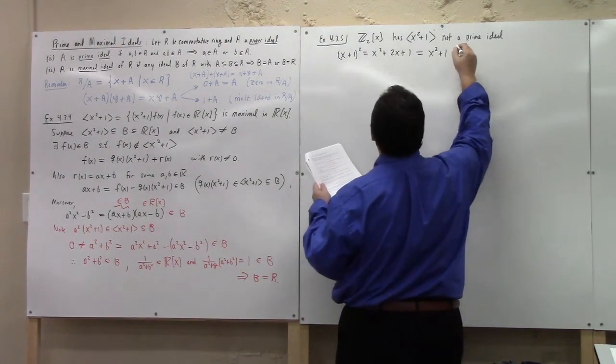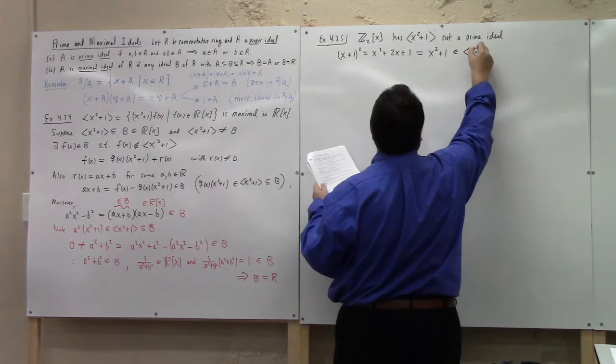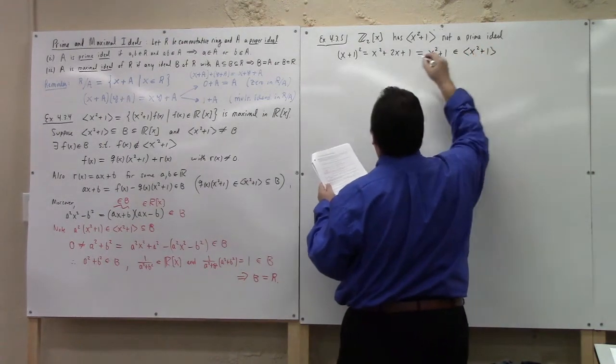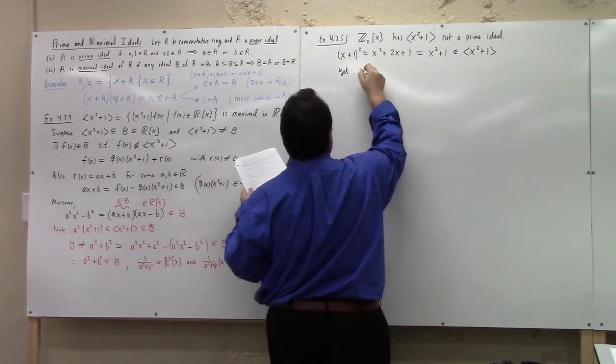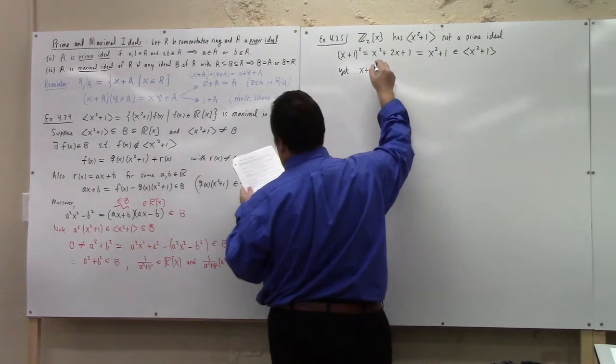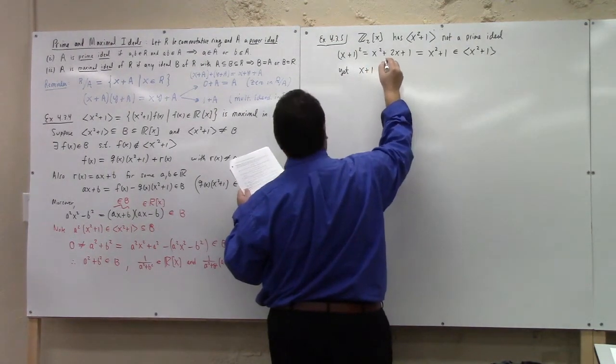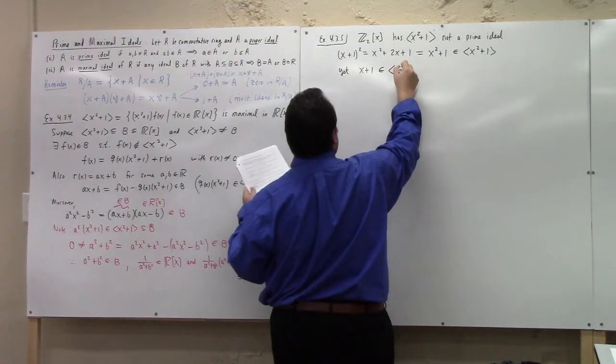So of course, this is an element of the ideal generated by x squared plus 1. Yet x plus 1 is not an element of the ideal generated by x squared plus 1.